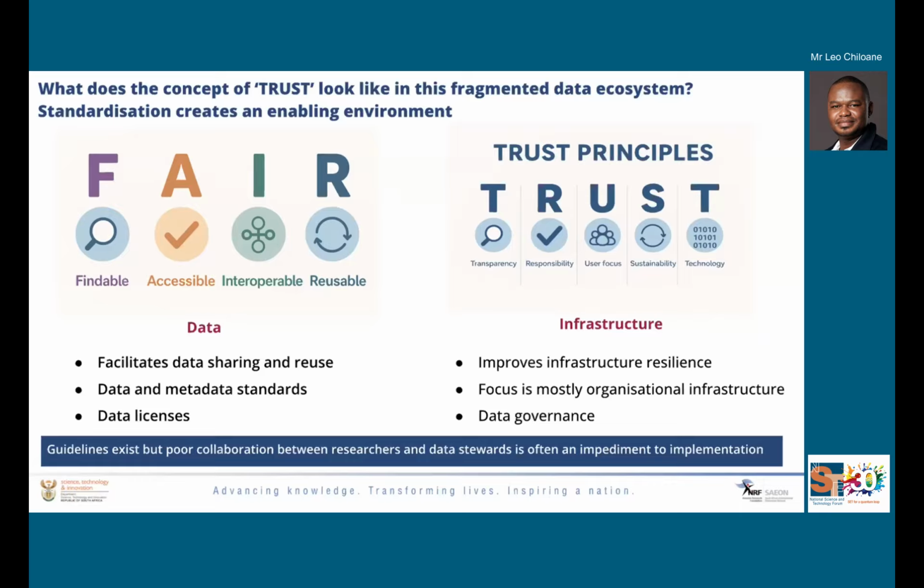But there's also the infrastructure component that looks at how can we improve resilience, and then focuses on the organization itself and the processes involved in data governance. So although these guidelines do exist, we find that poor collaboration between the researchers and data stewards is often an impediment to implementation.